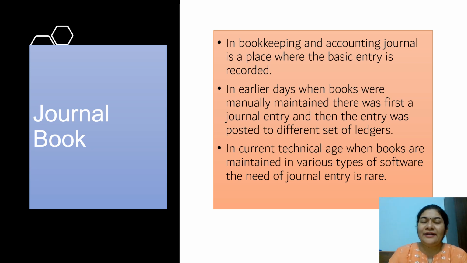In the current technical age, when different software is used to maintain the day-to-day books of accounts, you will rarely find the journal entry concept. You will not see the journal entry as such, but there are certain codes which are used to load the entries in books of accounts in the software.